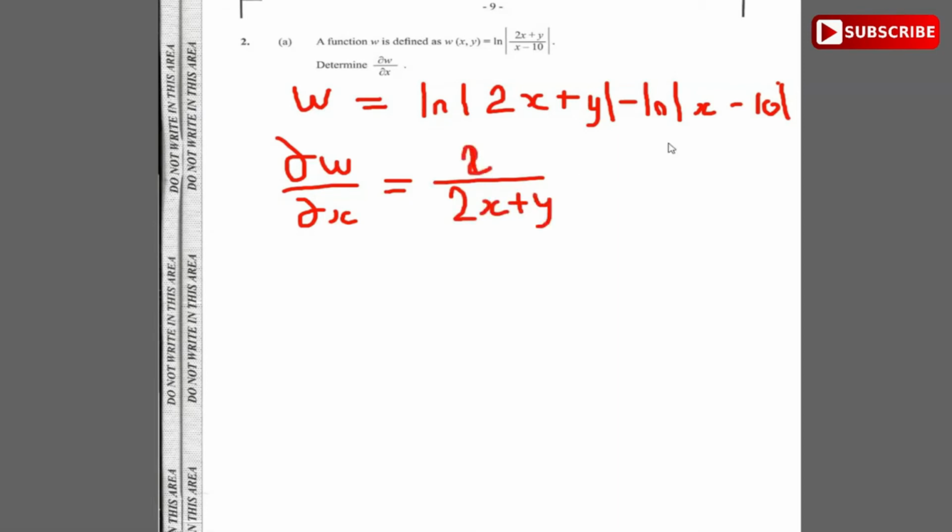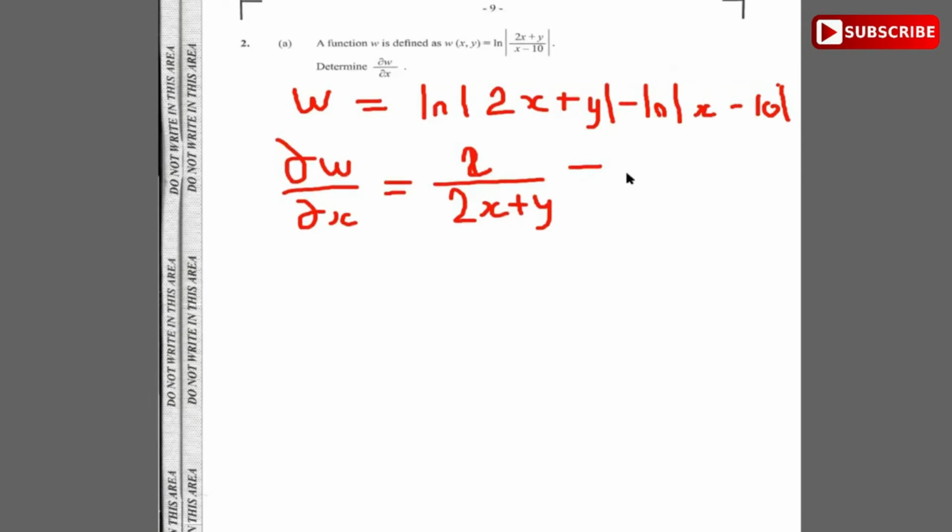Minus, when I differentiate x minus 10, it's going to be 1 over x minus 10. All right, nice and easy. That takes care of this question. That's ∂w/∂x.